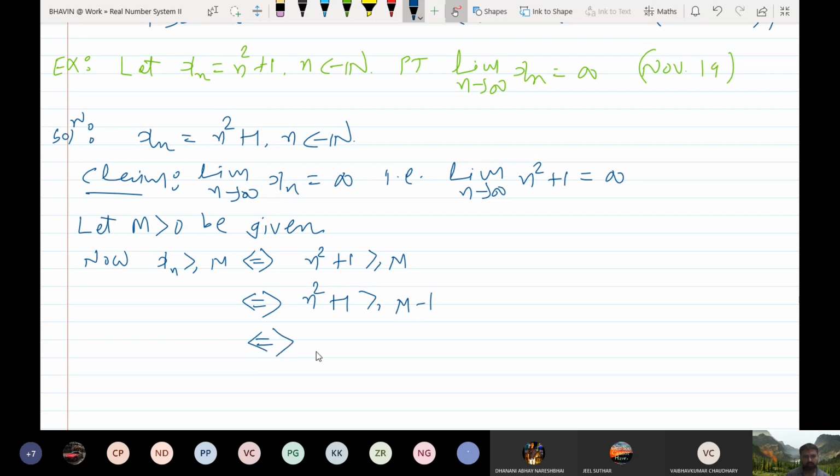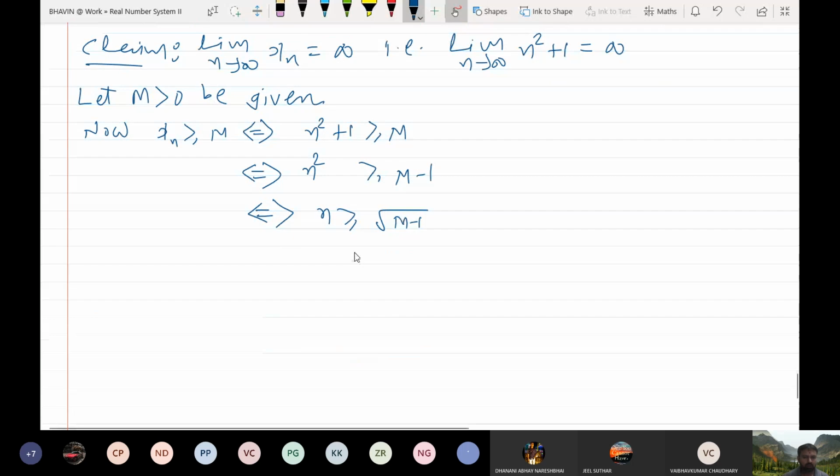Clear? If and only if n is greater than or equal to square root of m minus 1. So this suggests that I must take n naught equal to this. But if I take n naught equal to root of m minus 1, then this may or may not be in the set of natural numbers n.